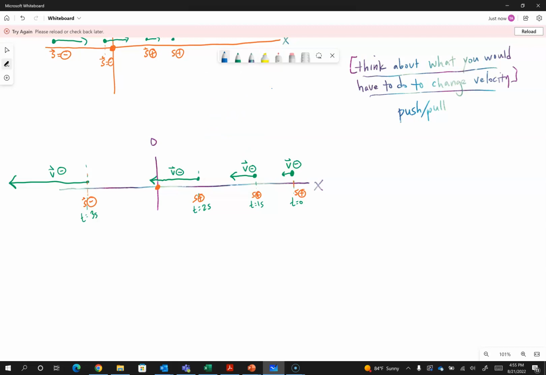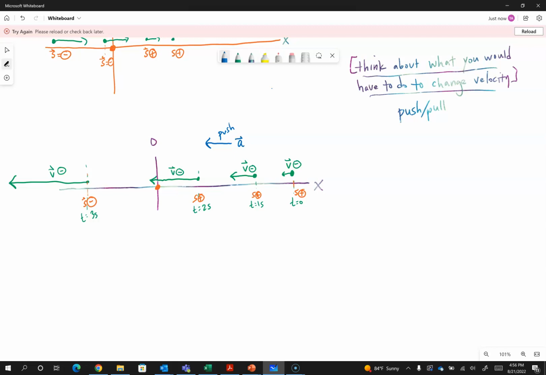Acceleration. If I have my friend on a skateboard, they're moving slow, and I want to make them continue in the same direction but move faster, I want to make them speed up, I would push on them in the direction of travel to help them speed up.